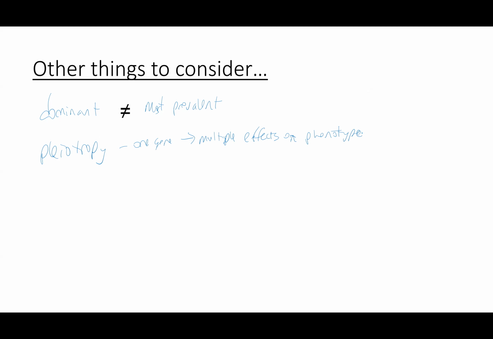So even though it's one gene controlling one trait, that can end up having effects on lots of different traits in the person's body. So the phenotype is affected in more than one way by this one gene.